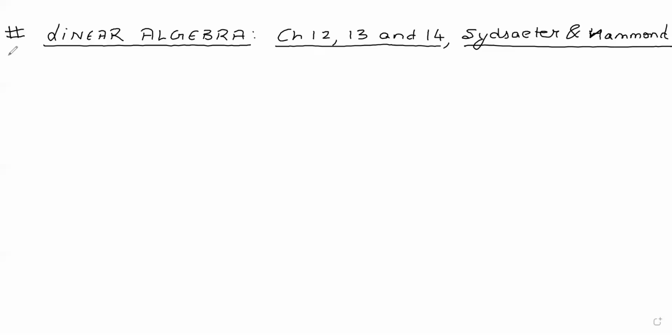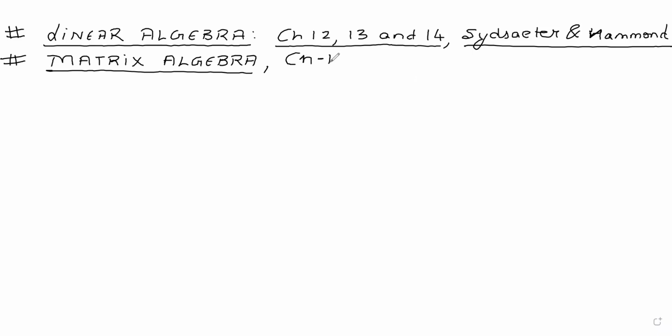Today in the lecture, we intend to start with the subtopic matrices, or we can write matrix algebra. Within linear algebra, this is the subtopic, and you will find this topic in chapter 12 of Sydsaeter and Hammond.